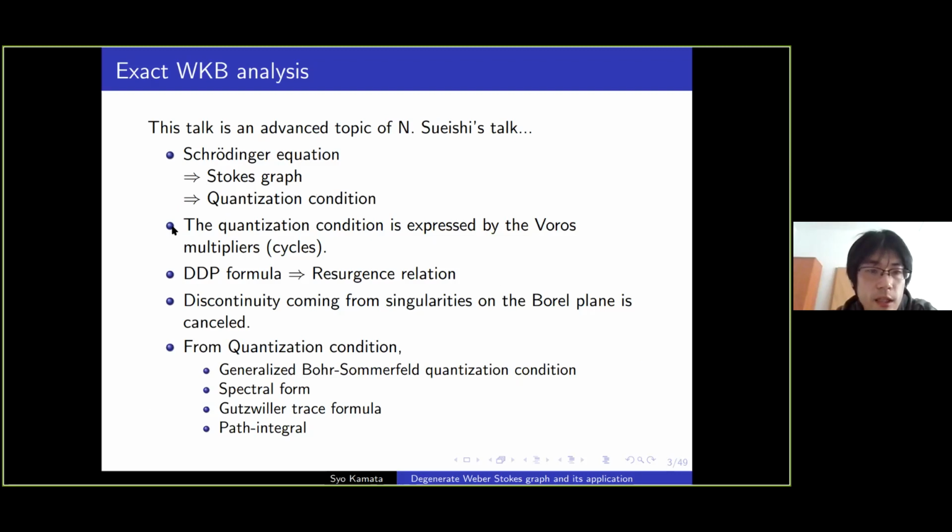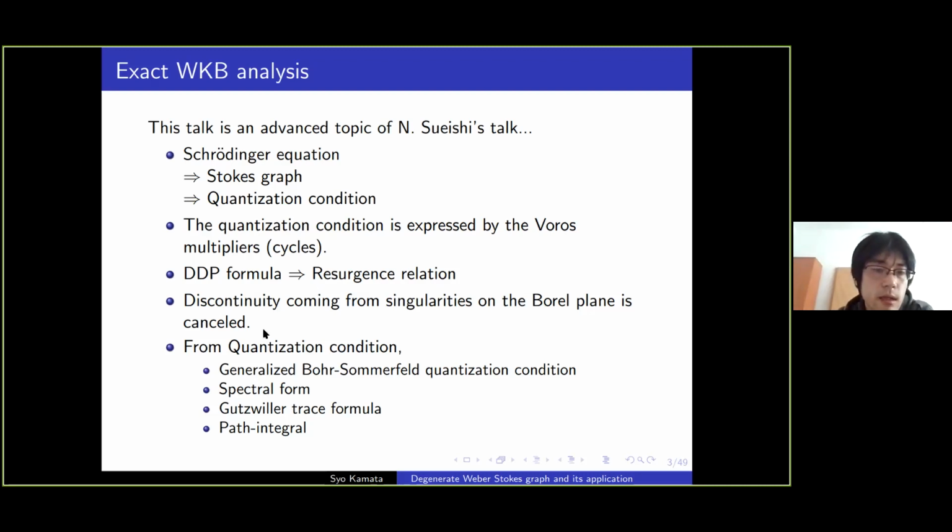One of the good advantages is that this kind of quantization condition can be expressed by the Borel multipliers, which we call cycles. By using the DDP formula, we can make a resurgent solution, and we can also reproduce the cancellation of discontinuity coming from the Borel non-summability.